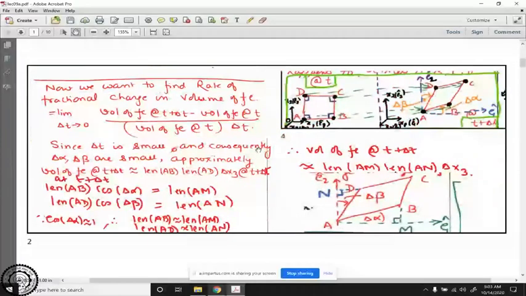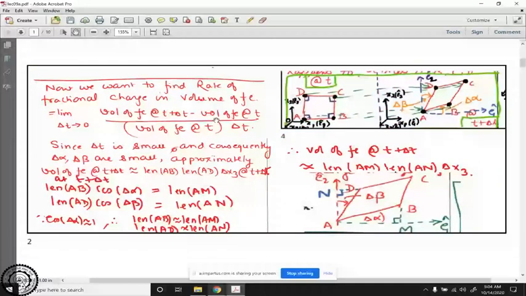Next question I want to ask is, we want to find the rate of fractional change in the volume of the fluid element. How do I define this? The definition of this quantity, in words, is: the limiting value as delta t goes to 0 of the volume of the entire fluid element at t plus delta t minus the volume of the fluid element at t, that is the change in volume.